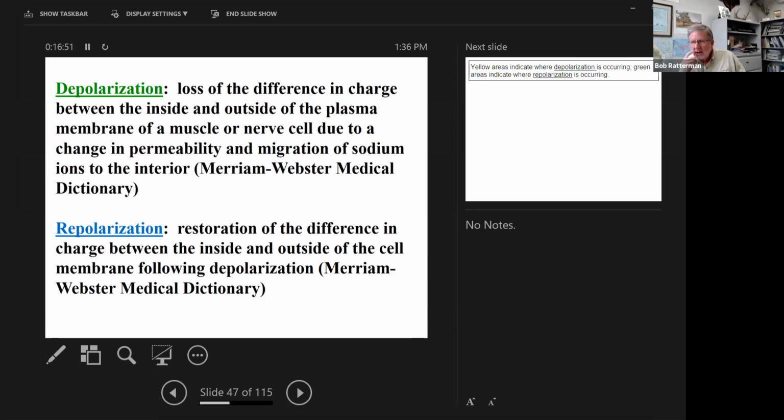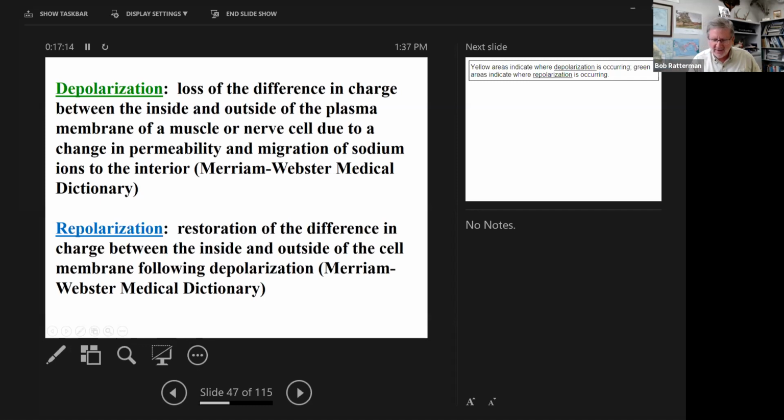So depolarization leads to systole. Repolarization leads to diastole, or relaxation. And that'll be easy to remember. Just remember, repolarize leads to relaxation. Okay. I can't help you with the DE leading to contraction or systole.